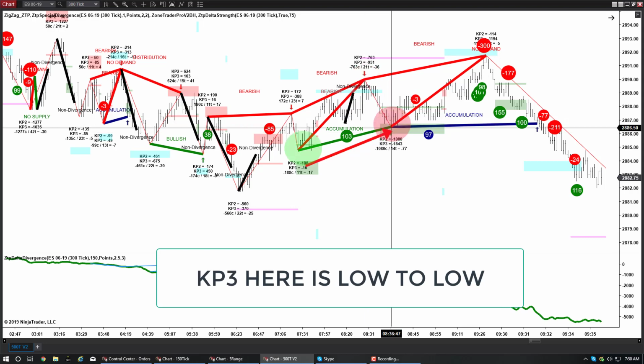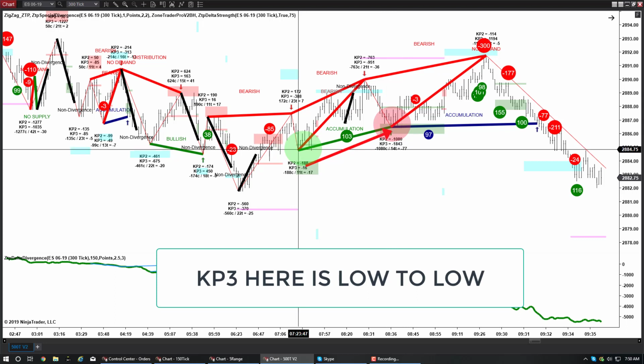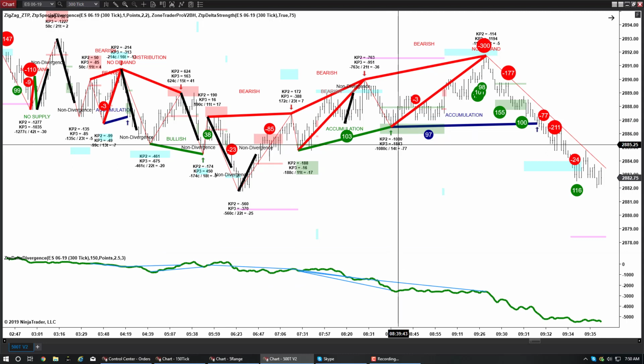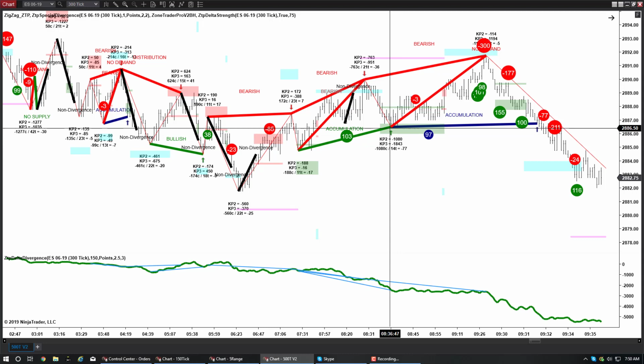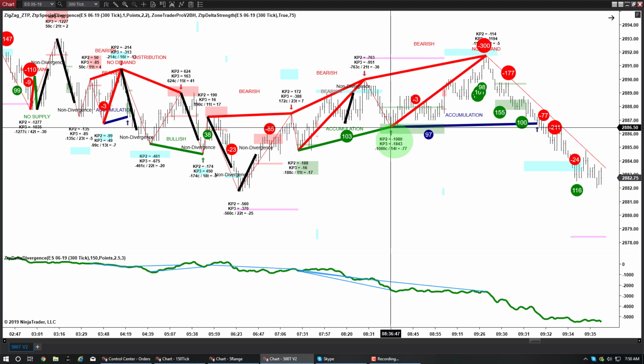The KP3 number, a negative 1,843, is the difference in contracts that were sold from this point here to this point here. What we have is a higher price with a negative number of negative 1,843, and that's what gives us the idea that contracts were being accumulated.